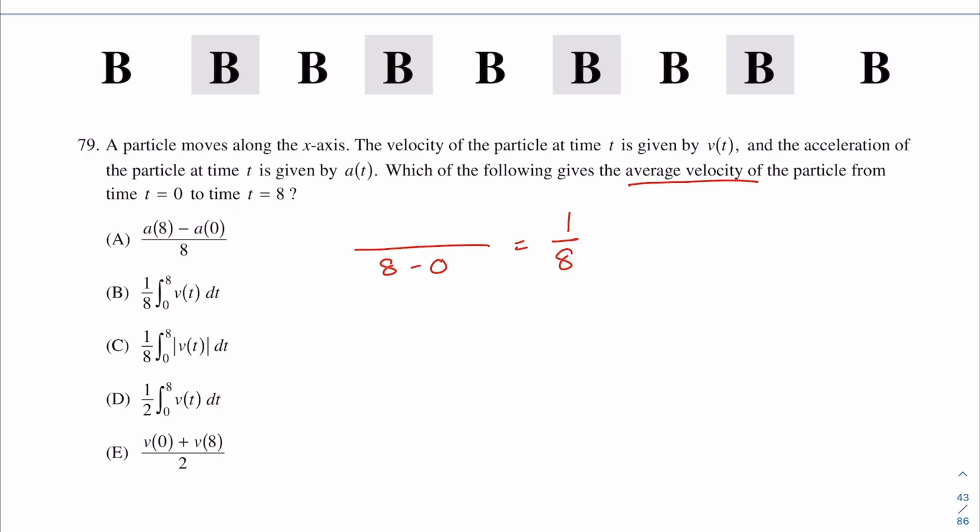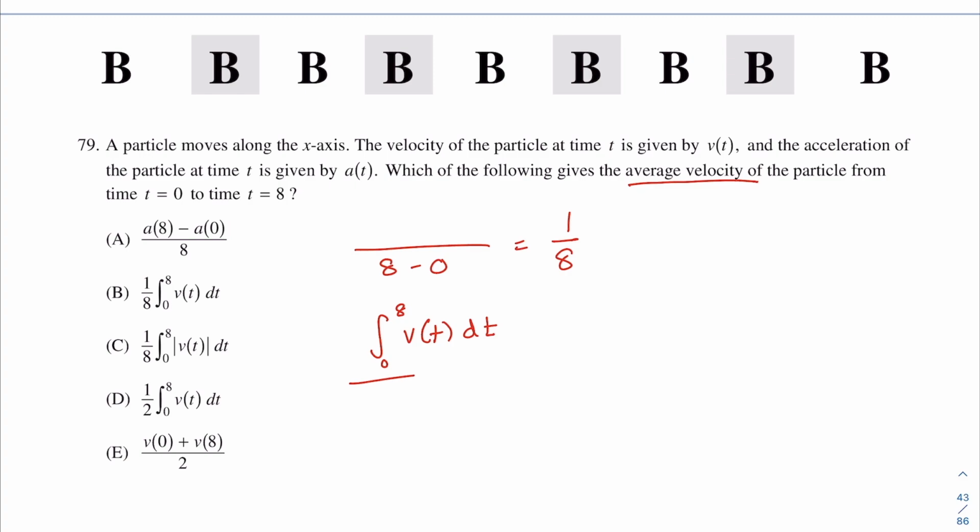And the next thing we need to do when we're finding average velocity is we need to calculate the total amount of velocity over that period and then divide it by that window, and that gives us the average. So to calculate the total velocity over that period, we'll take the integral from 0 to 8 of our velocity equation, so v of t dt.